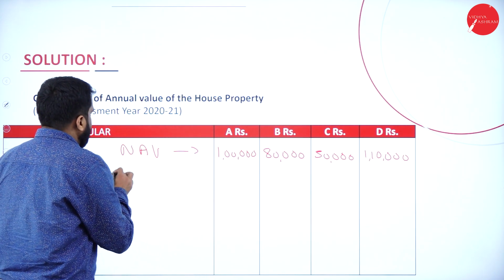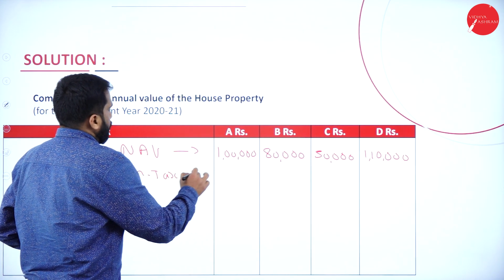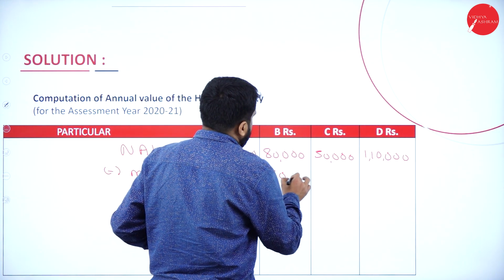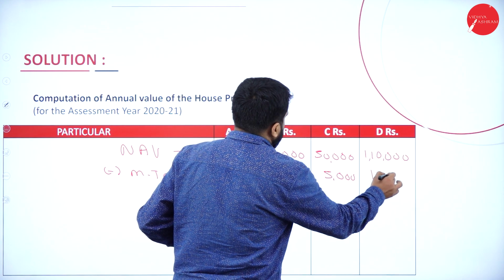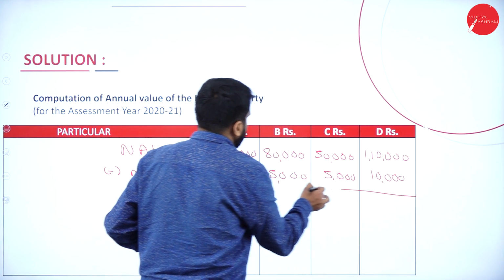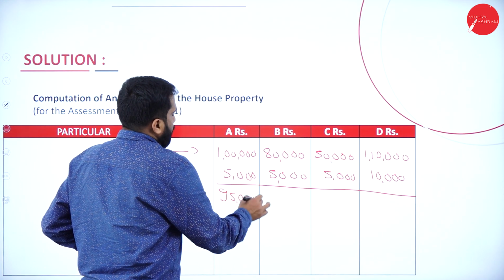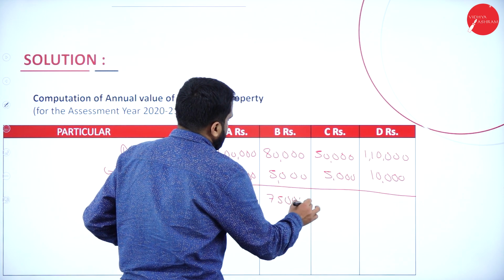In this, minus municipal tax. So it is 5,000. Again, it is 5,000. It is 5,000, and it is 10,000. 1 lakh minus 5,000, it will be 95,000. It will be 75,000.